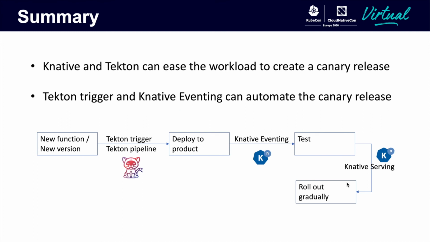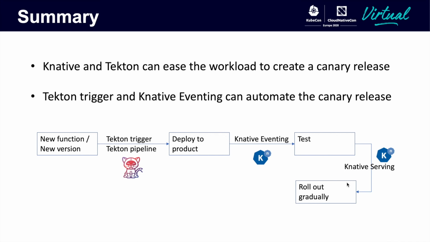As a summary, in this presentation, I showed you how to use Knative and Tekton to create a Canary release. You don't need to understand the lower level objects of Kubernetes. You only view tasks, pipelines, Knative services, revisions, and routes.